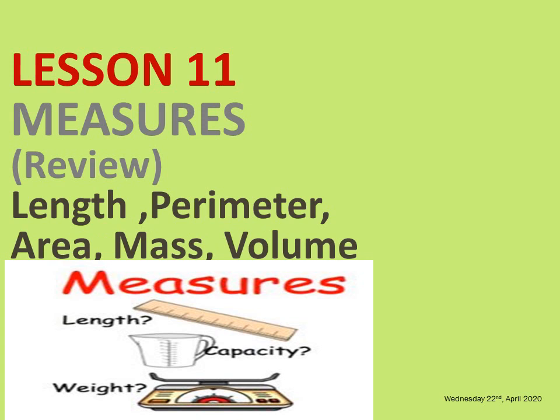And then we also looked at mass and volume. Unit 1 was length, we had perimeter in Unit 2, Unit 3 was area, 4 was mass, and then we had volume. We still had word problems, remember? And I think we had 1 or 2 other units. So in total, we had about 7 units that we did. It was really a long one.